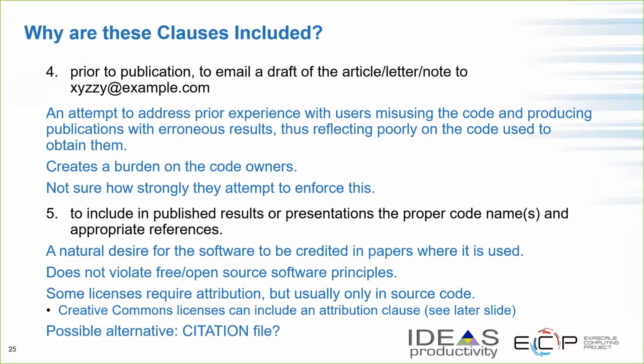There are, however, alternatives which are becoming increasingly recognized in the community, and one of those is to put in, you can put it in your README, but now people are more often putting a separate file named citation, and this is effectively how you would like your software to be cited. It's a way of asking for a particular citation, and this gets to one of my pet peeves, right?